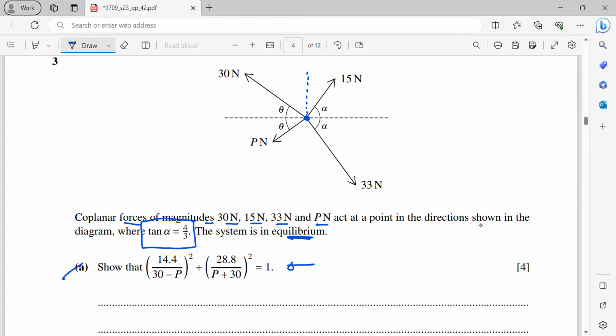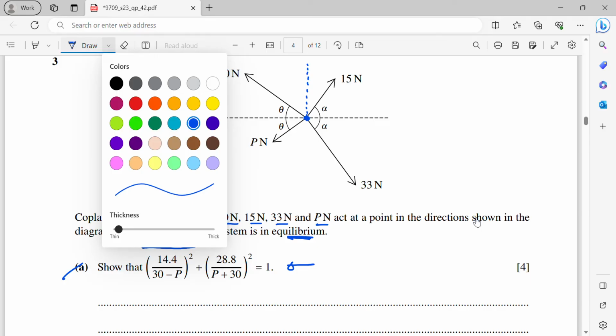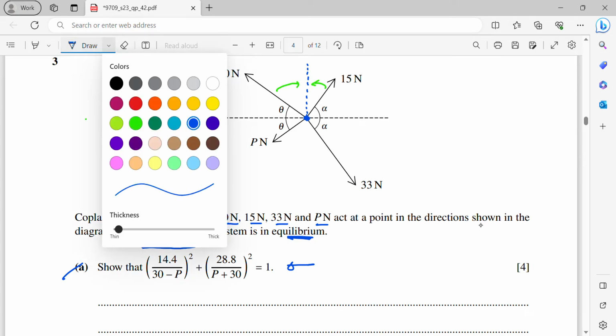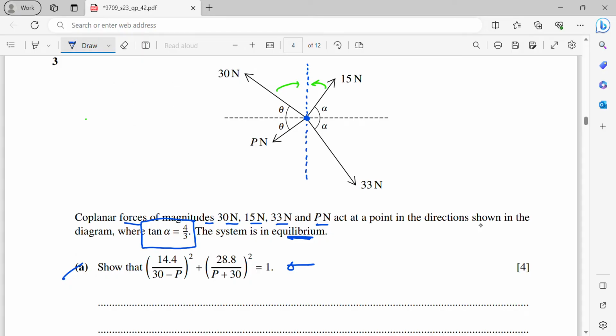Okay, so now when you look at the 15 newtons and 30 newtons, I need to resolve both vertically up, right? And then for the P and 30 newtons, I need to resolve them down. So when you resolve the 30 newtons and 15 newtons up, we actually use this angle, but this angle is not given, then I'm going to use the alternate angle.